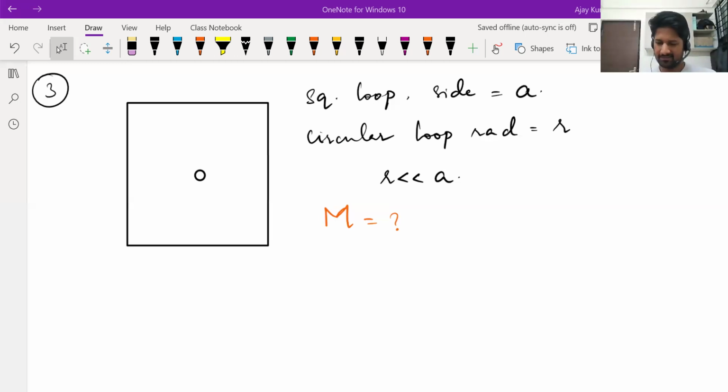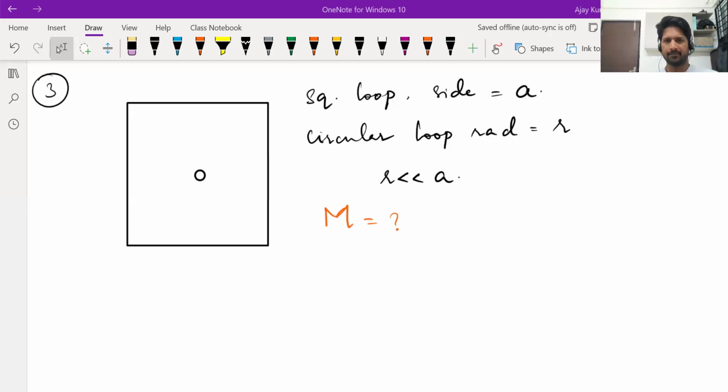What happened? Any answer? Okay. Rishi, tell me in which loop shall we assume the current? Sir, the square loop.